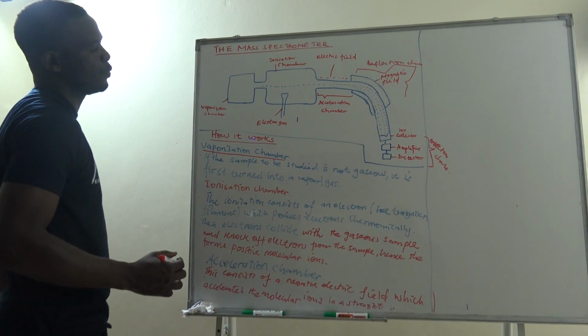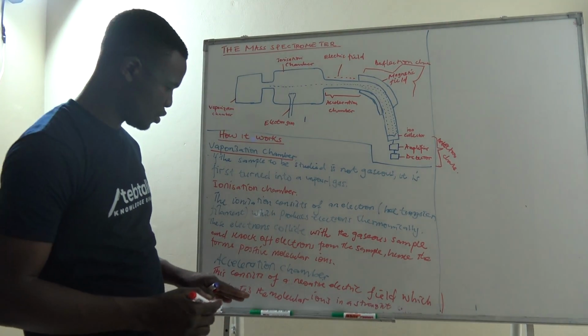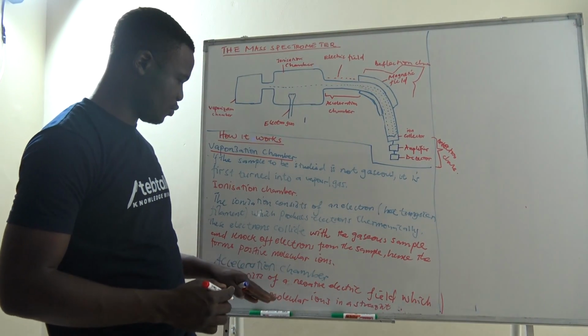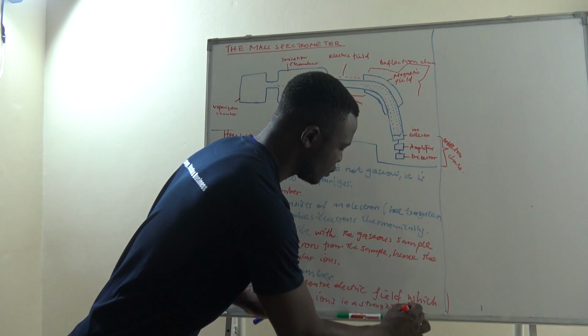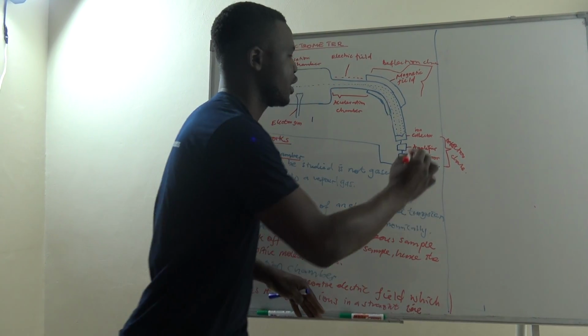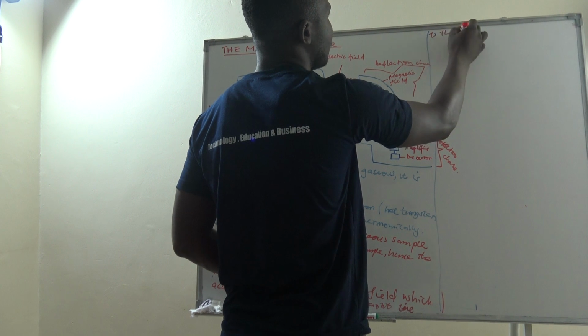So we have an electric potential there that accelerates the molecular ions in a straight line to the deflection chamber.